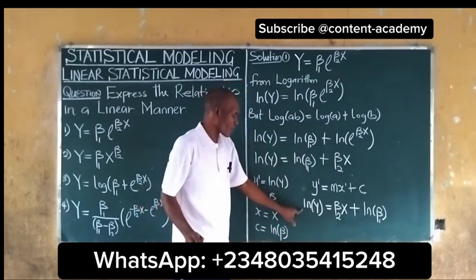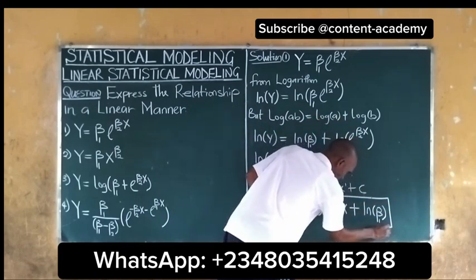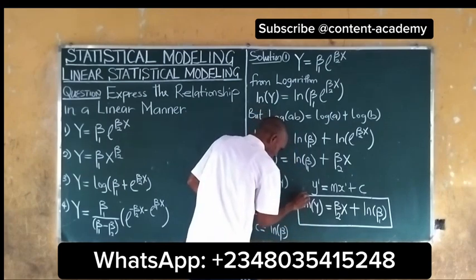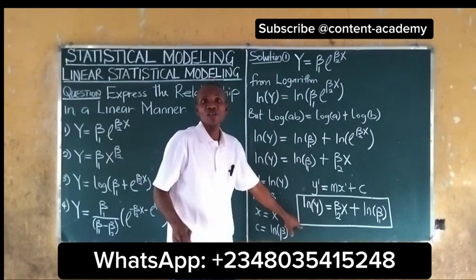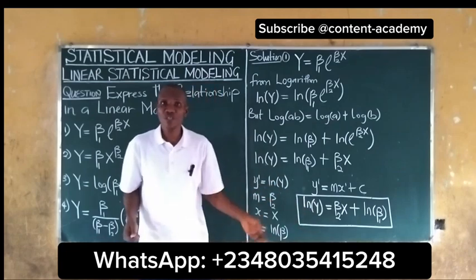So this is simply how we can write the transformed linear model for the first question given. So this is simply how we can transform this model. Of course, this we can call the simple linear equation.